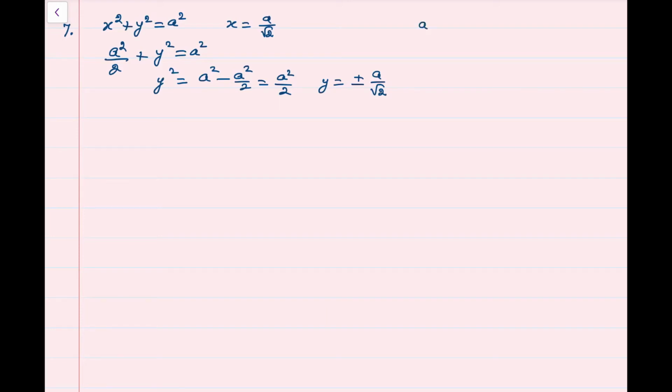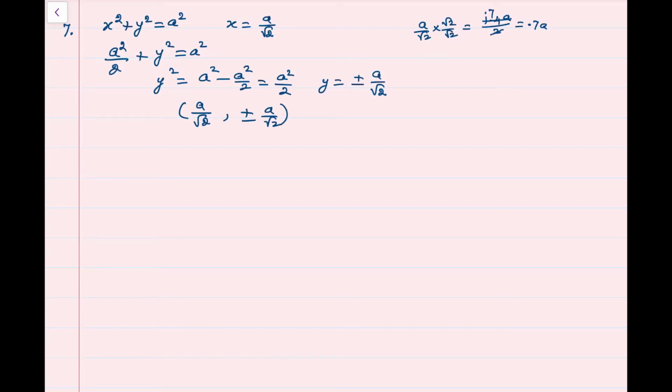And a divided by root 2, approximately it is 1.414a divided by 2, which is 0.7a approximately. Just a rough sketch will do. Therefore, the points of intersection are a divided by root 2, comma, plus or minus a divided by root 2.